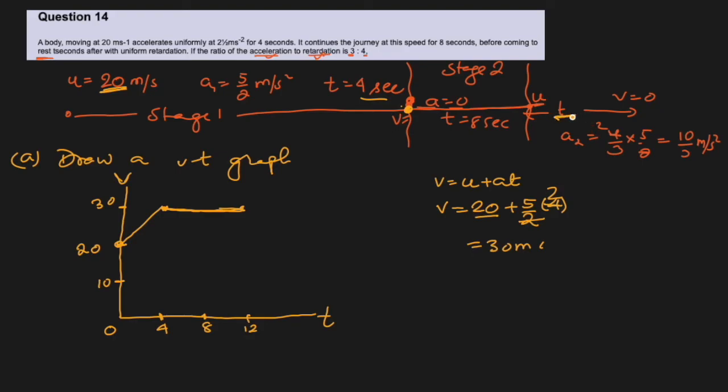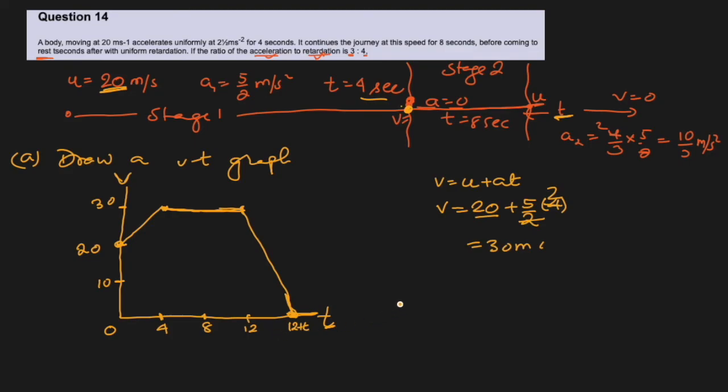We don't know how much that time is, but during that time the gradient will be steeper, but in this direction it will be a retardation, and it stops. So this is 12 plus t. We don't know how much. This t is on the t axis. This time is 12 plus t total. All right, this is the VT graph.